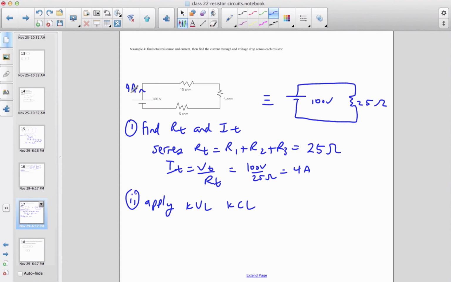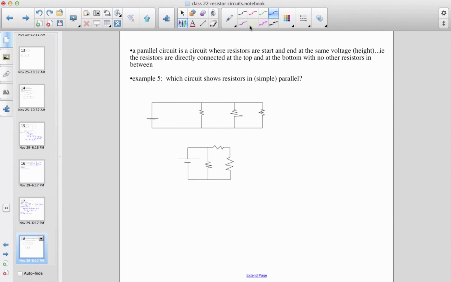With 4 amps coming from the cell, there must be 4 amps flowing through each resistor because there are no junctions and no other place for that current to go. So by KCL, we conclude that the currents are the same. We can then just use Ohm's law, V equals IR, to get the voltages across each of the resistors.